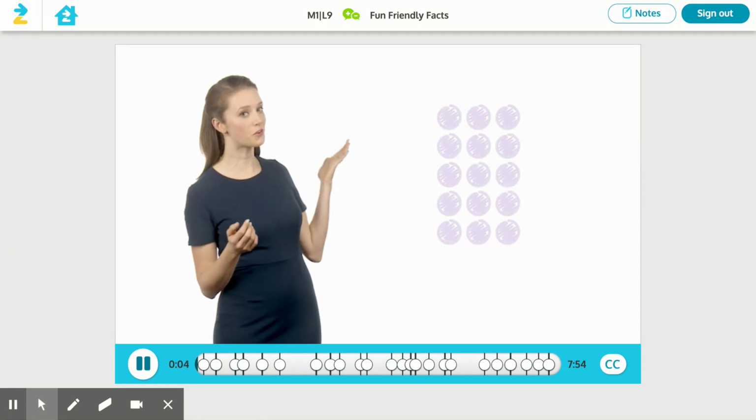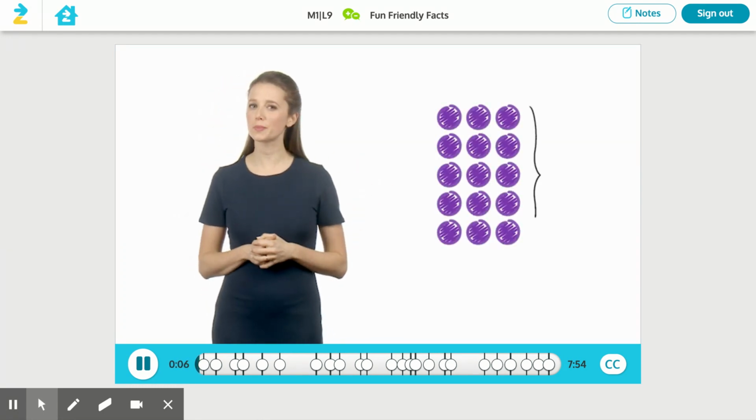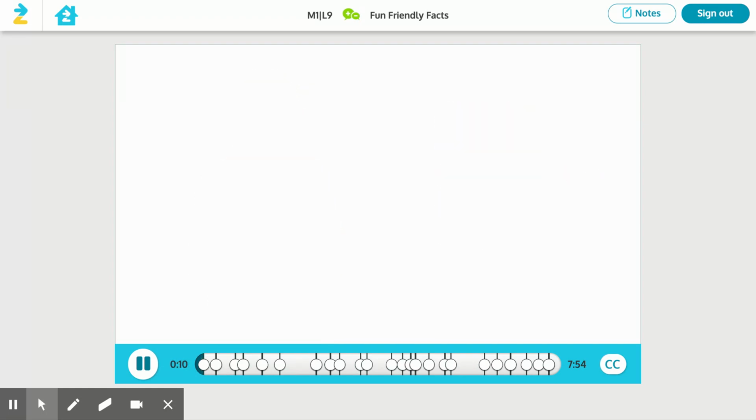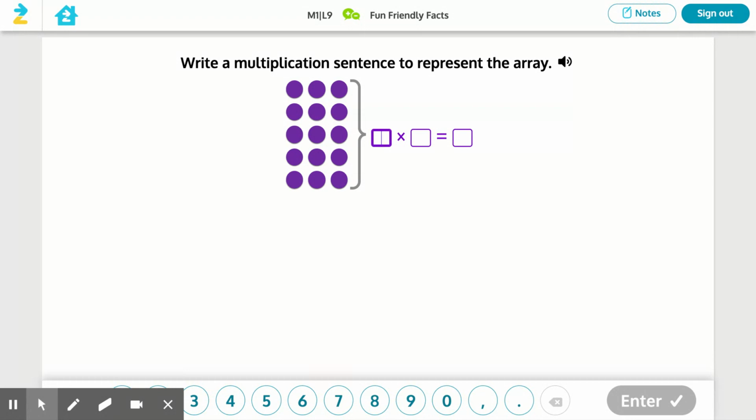Let's get started with an array. Can you write a multiplication sentence that represents this array? All right, guys, in your Nearpod, please write the multiplication sentence that represents this array. Well, when we look at this array, we will notice that there are 1, 2, 3, 4, 5 rows and 1, 2, 3 columns.